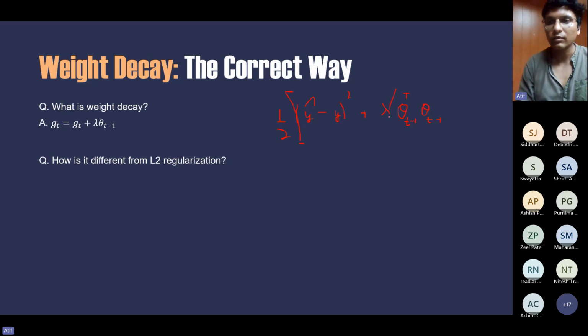So this is what you have. Now, those who are not familiar, this is just a mean squared error, right? With this L2 norm regularization.